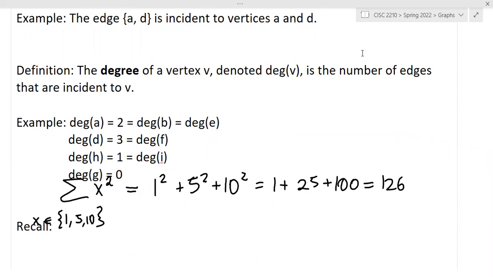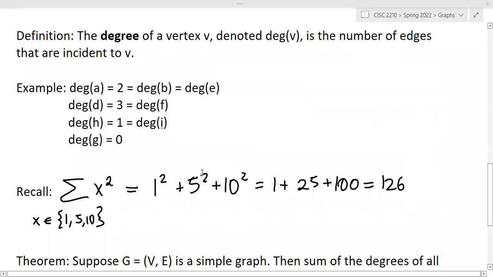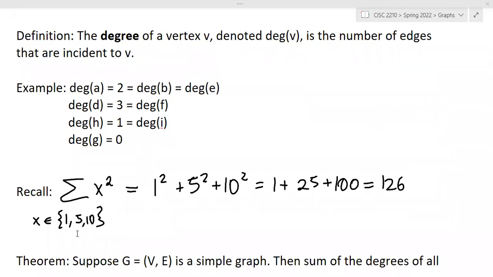All right, so before we go to the next thing, let's recall some notation that we saw before. If we have the sum over all x in the set 1, 5, and 10 of x squared, it's the sum of all x squared, where x ranges over the set 1, 5, and 10.